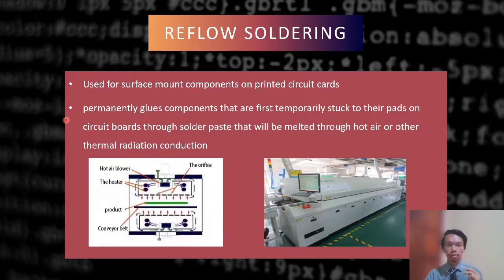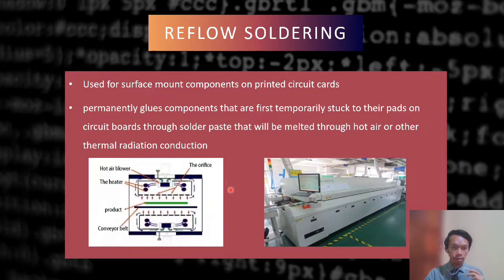And next, reflow soldering method. It is used to surface mount components on printed circuit cards, SMT components, PCBs. It is a permanently glued component that is first temporarily stuck to its pads on the circuit board through solder paste that will be melted through hot air or other thermal radiation conduction.